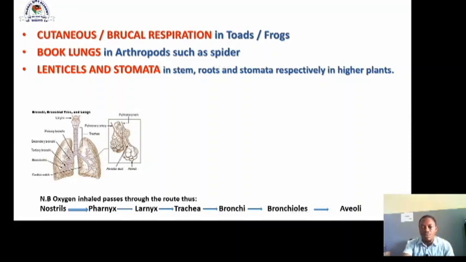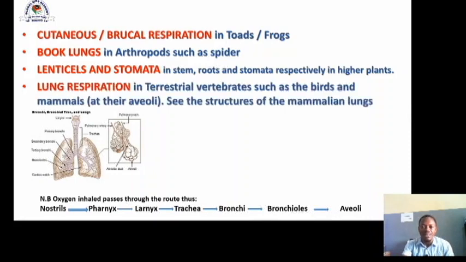The lenticel and stomata are also respiratory structures, but they occur in higher plants. Lenticels occur in stem and roots, and stomata occur on the leaves of higher plants, mainly for the exchange of gases.